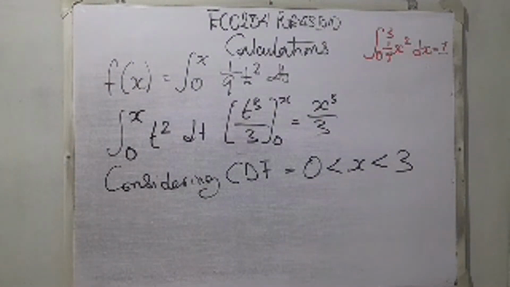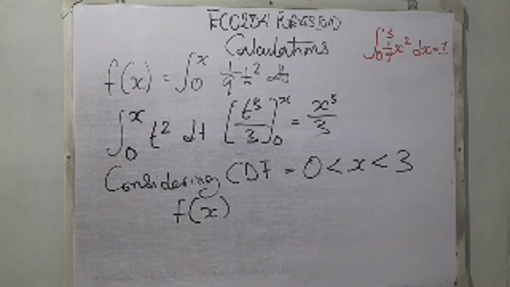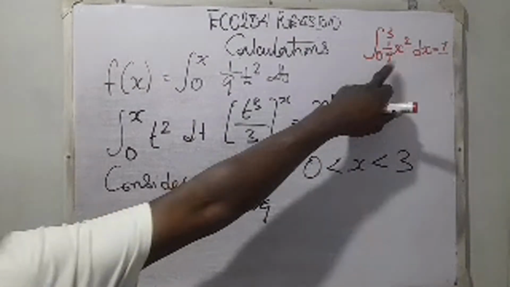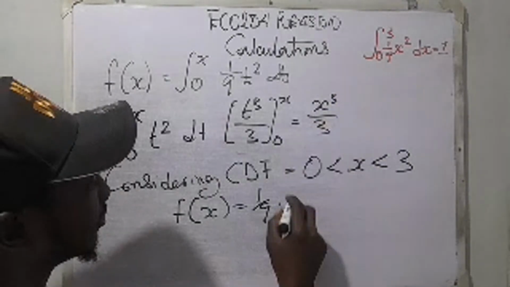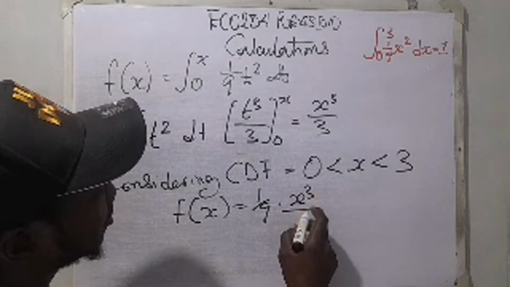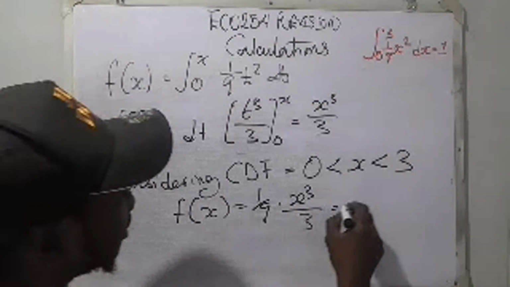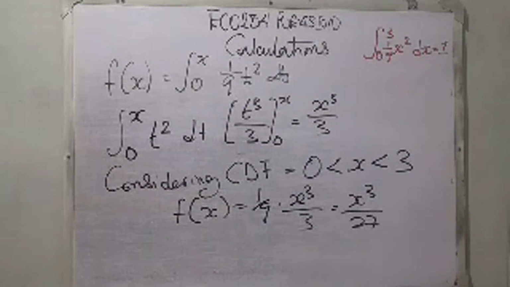So what do we do now? We have function f of x will give us 1/9. All right, multiply by the cumulative distribution function. So with this we'll be having x raised to the power 3 over 27, multiply. This is multiplication. Are we following?